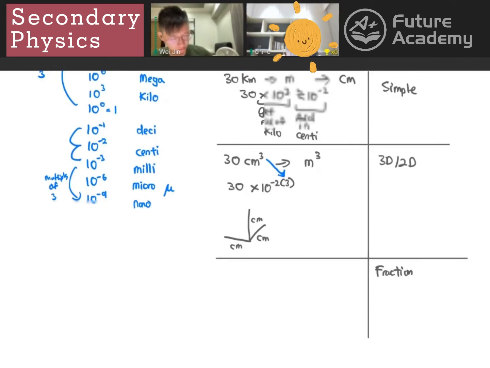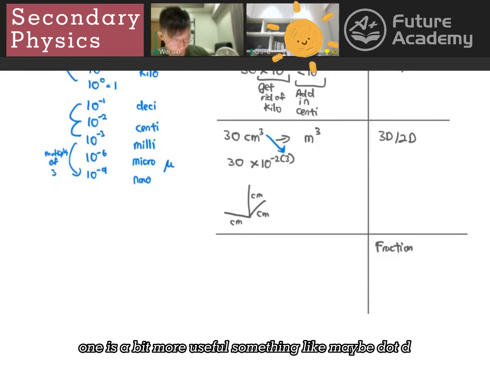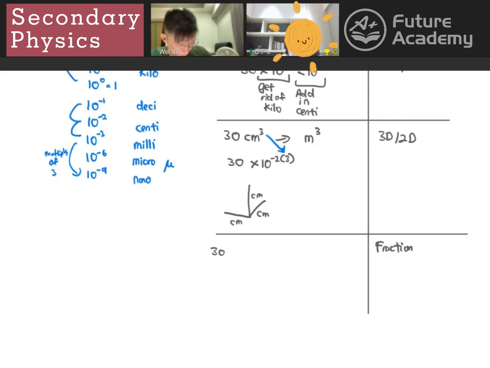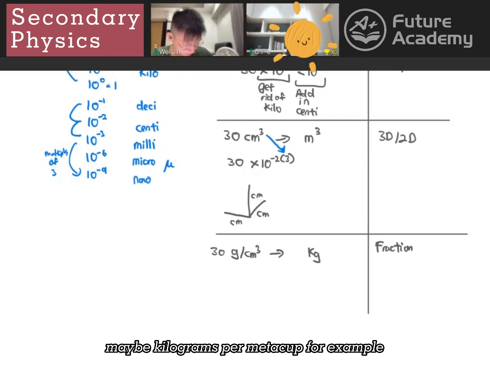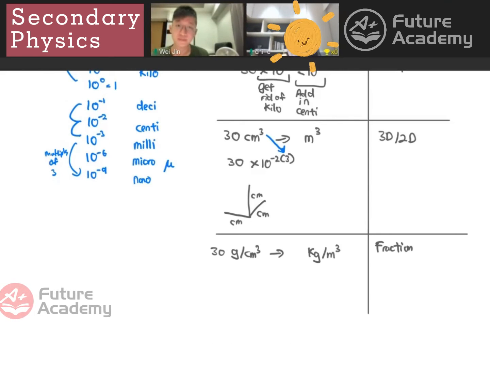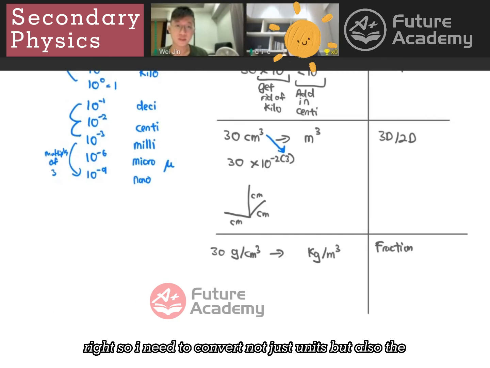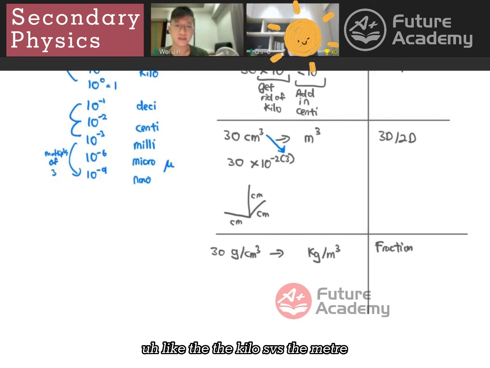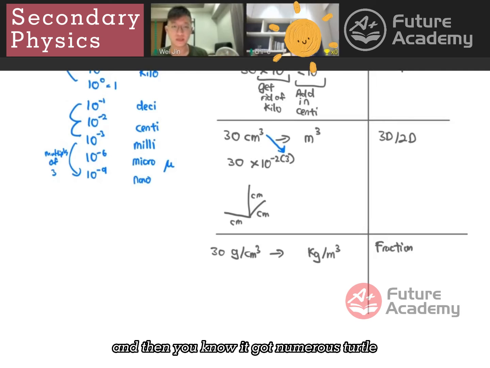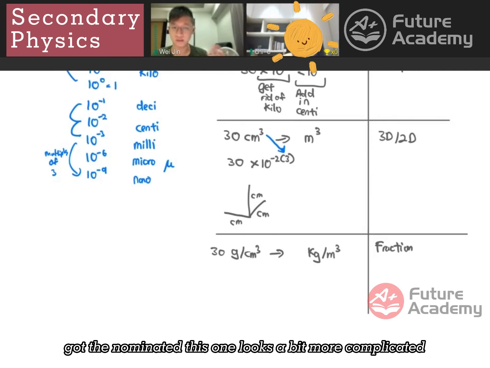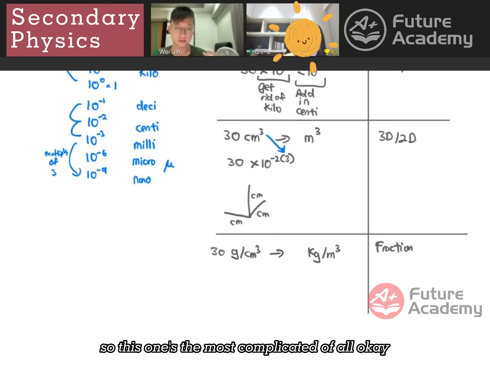The last one is the one that is a bit more useful. Something like maybe 30 grams per cm cube. How do I convert this to maybe kilograms per meter cube, for example? I need to convert not just the units but also the kilo as well as the meter, and then you've got numerator and denominator. This one looks a bit more complicated. This one is the most complicated of all.